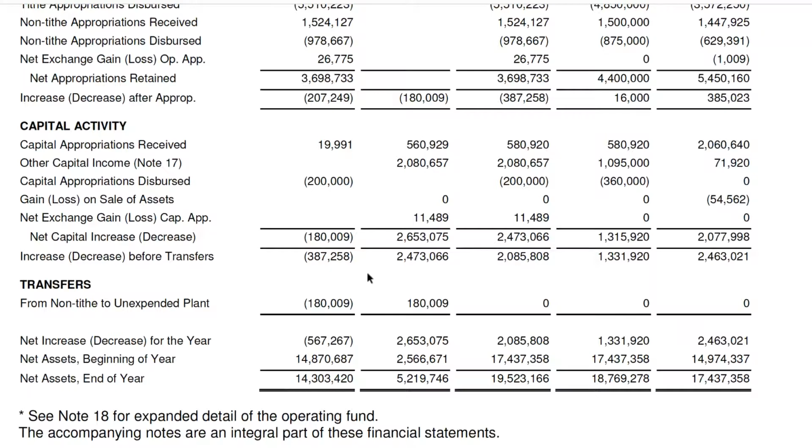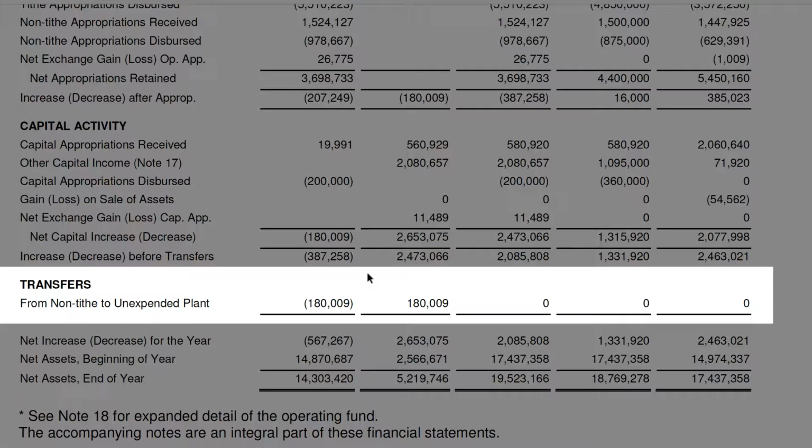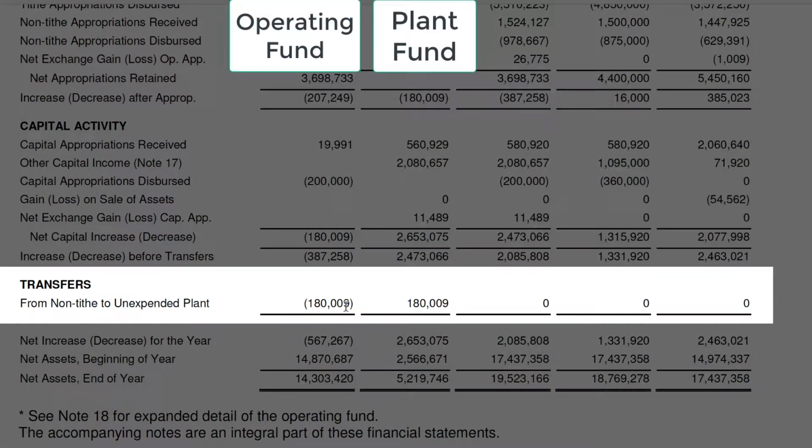And then the next to final thing I want to show you is transfers between funds. This row right here illustrates taking money from our operating fund and squirreling it away in our plant fund. So this looks like either we're trying to save toward a capital purchase, like saving toward building a new building, or it could simply mean we have purchased some assets.